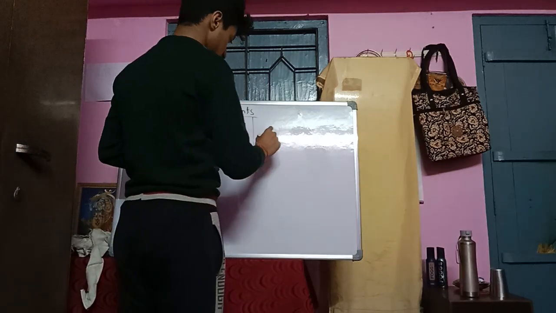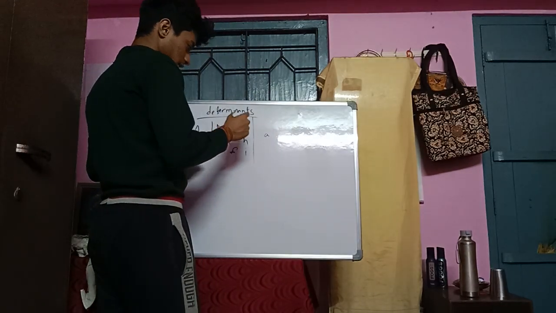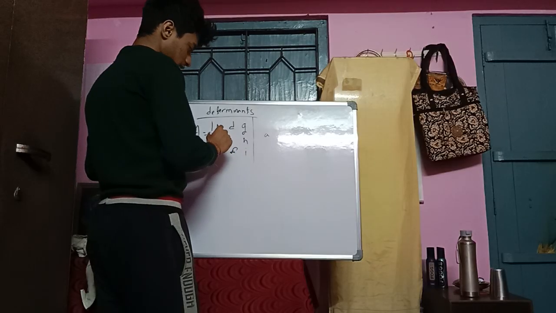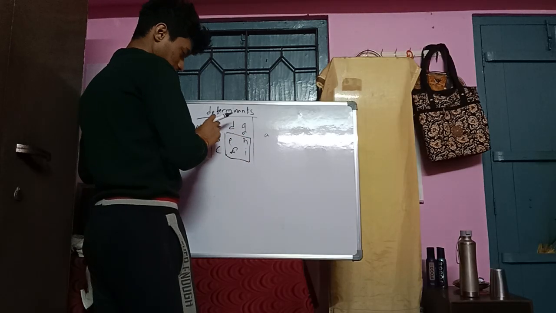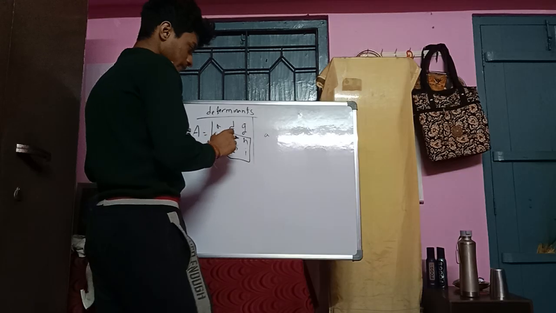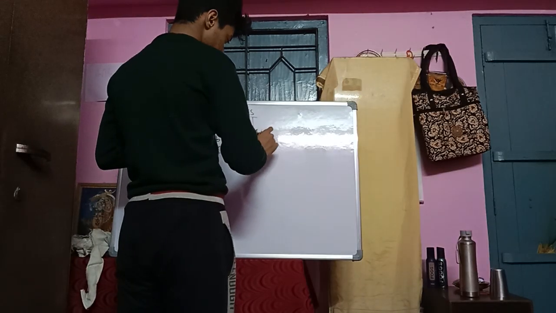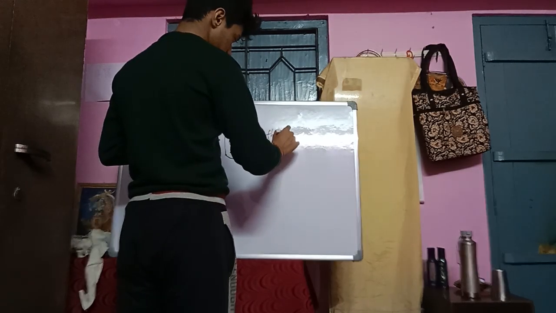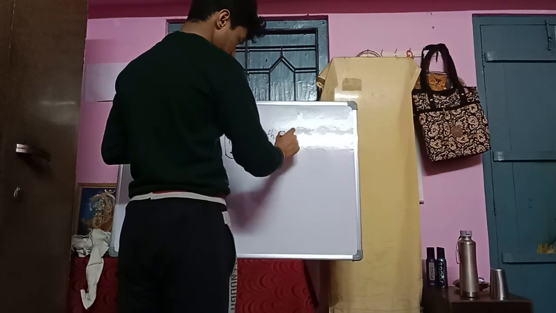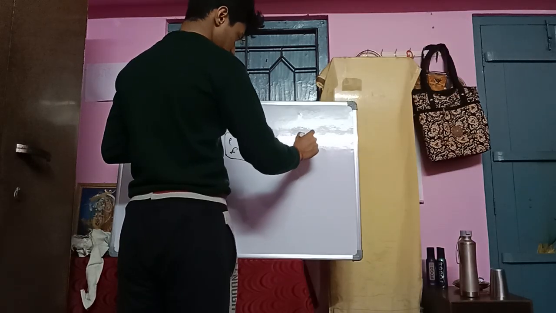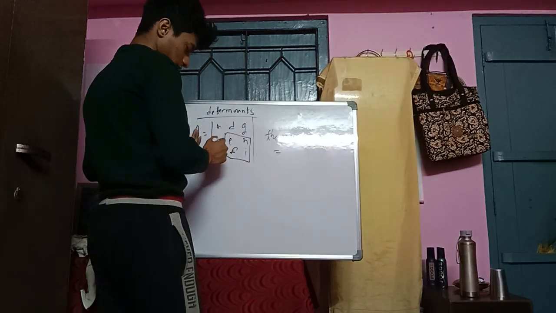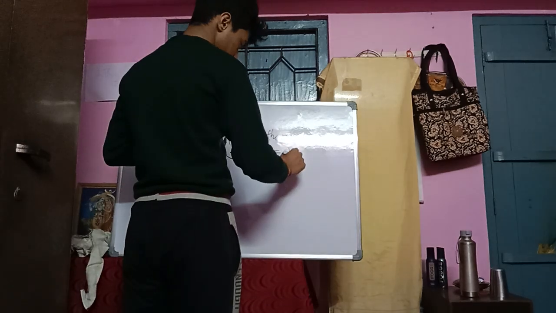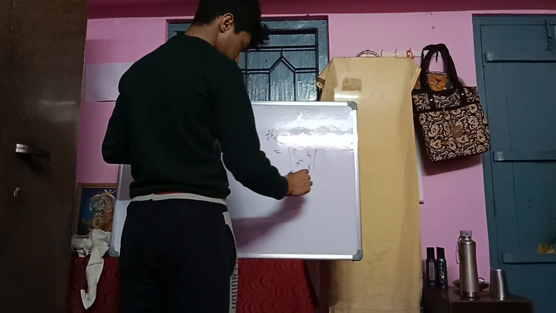For example, the element A: the minor of that would be a determinant created with the elements that are not part of the row or the column that our element, which in this case is A, is part of. So the minor of element A here would be this determinant containing E, F, H, I.